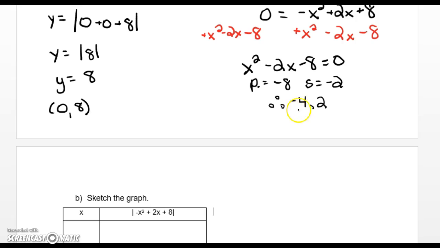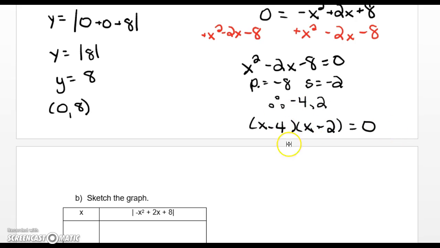So then what we can do is we put two brackets here, set them equal to 0, and our variable goes on the left side. So we have x and x. Then our first number comes here, so we have -4. And then our other value here becomes +2, so that's an x plus 2.